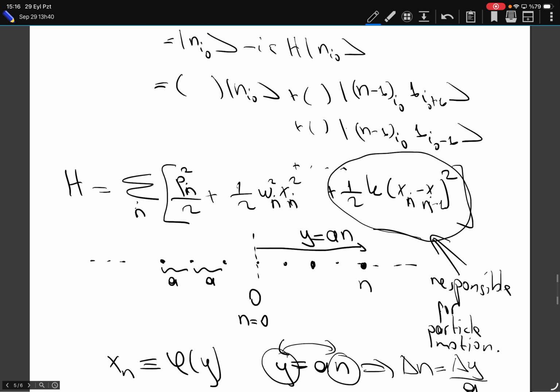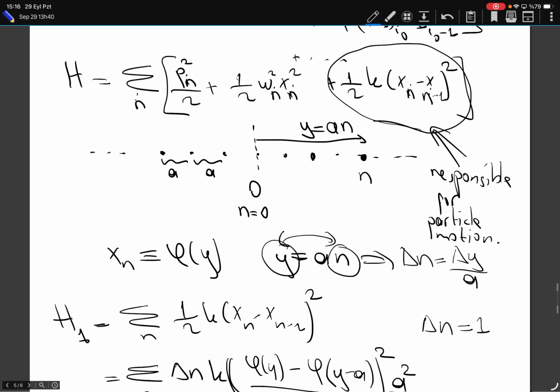Now, this is what we call a field. This is our field. A field, in the mathematical sense, is basically a function. It just assigns something at every point in space-time. That is what we call a field.